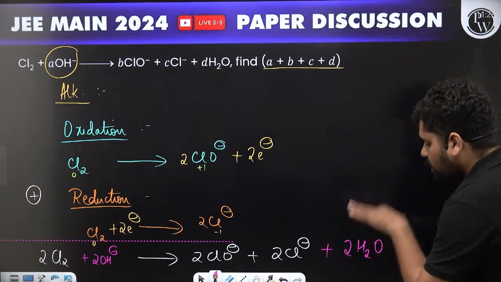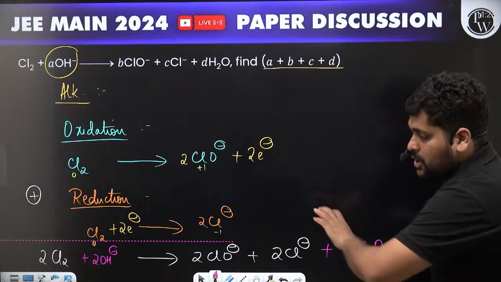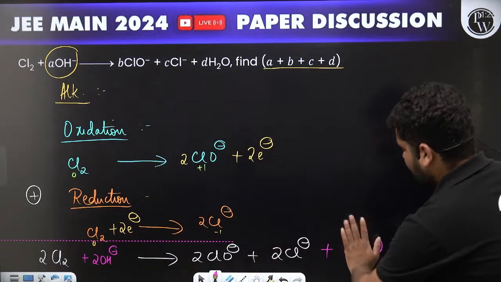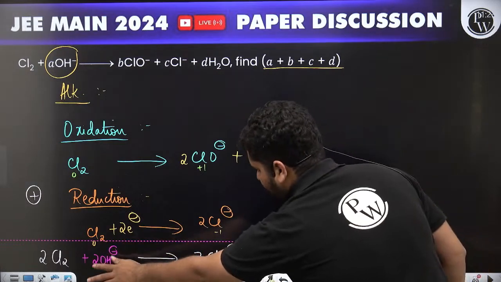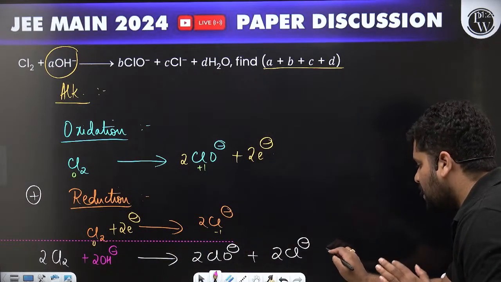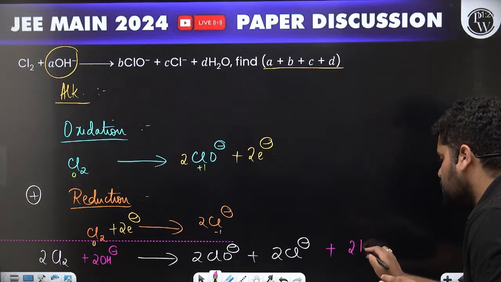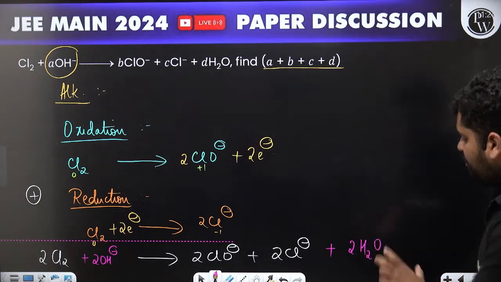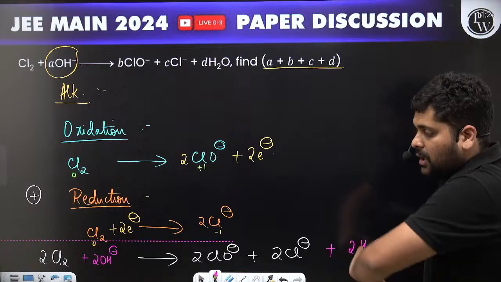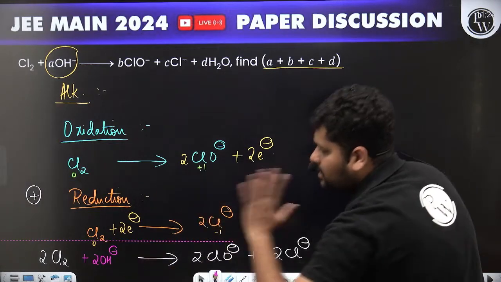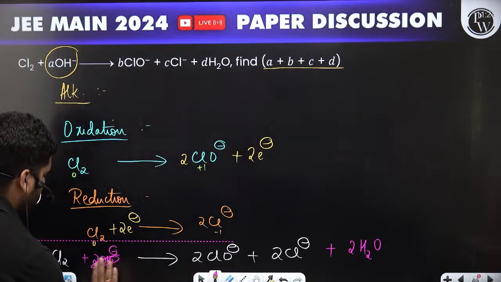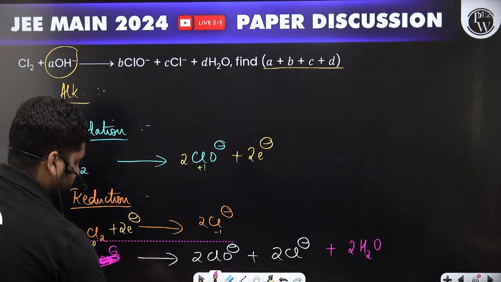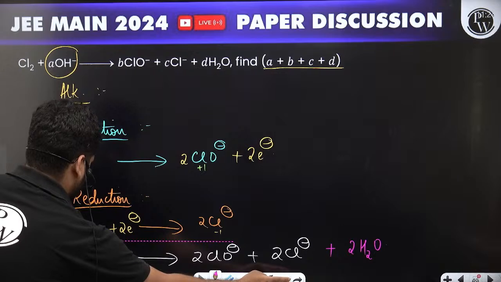The number of water molecules added again should be balanced with OH minus. Again I'll explain. You have 2 OH minus, hydrogens are 2. For 2 hydrogens you are adding 2 H2O. If you have added 2 H2O over here, on the opposite end again add 2 OH minus. So this 2 OH minus would rather become 4 OH minus, isn't it?